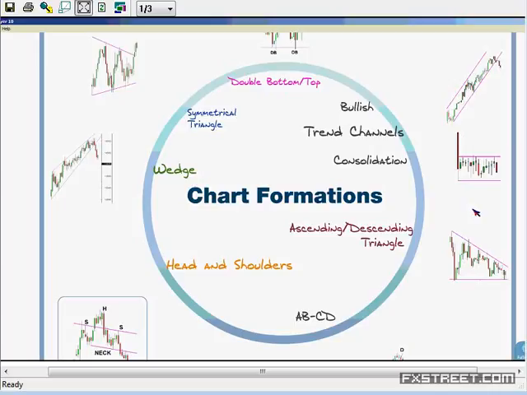So we've got double top, bottom, symmetrical triangle, wedge, head and shoulders formation, an ABCD pattern, which is also seen in Elliott wave, ascending, descending triangle formations, and channels, consolidation, bullish, bearish channels.